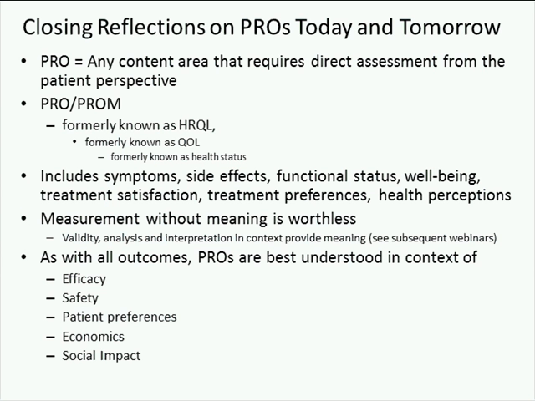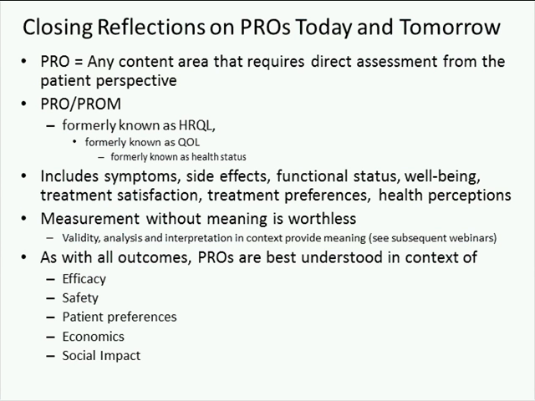So to close, I want to offer some reflections on patient-reported outcomes today and tomorrow as you move into the rest of the webinar. First is that PROs, or patient-reported outcomes, reflect any content area that requires direct assessment from the patient perspective. A PRO, or a PROM as some call it, patient-reported outcome measure, used to be called health-related quality of life measures, and before that we called them quality of life measures, and before that health status measures.